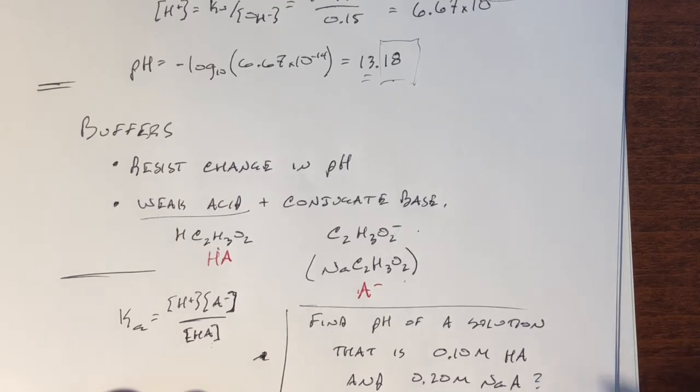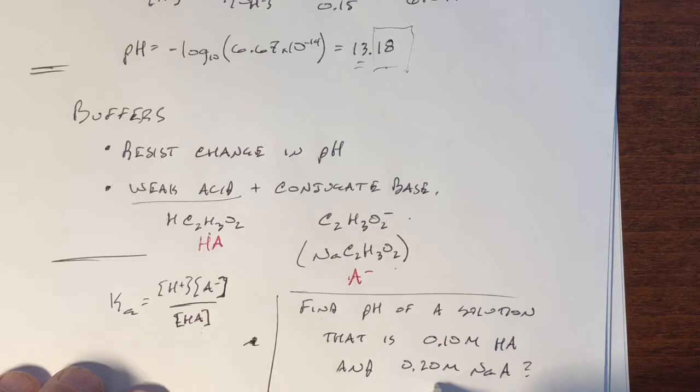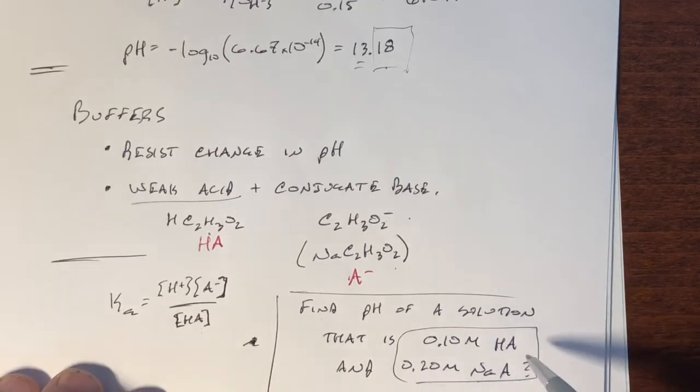How do we do that? So again, what we've got is a combination of the acid and its conjugate base.